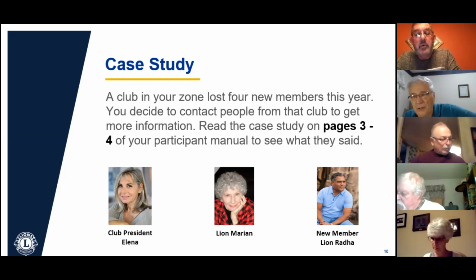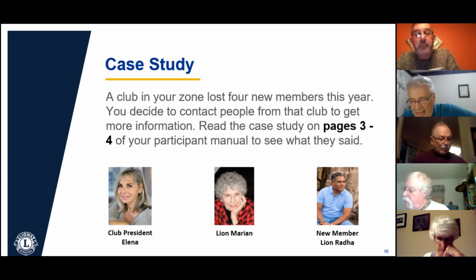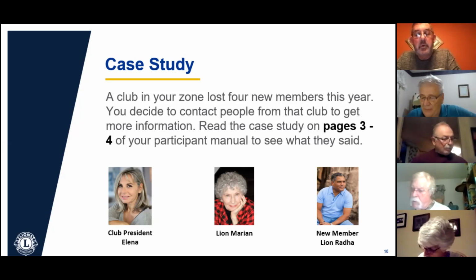Our lion who used to run the orientation sessions moved away. We haven't had anyone offer to fill this role yet. And now we refer our new members to the member orientation information on our website. So you're losing new members because you haven't had proper orientation.